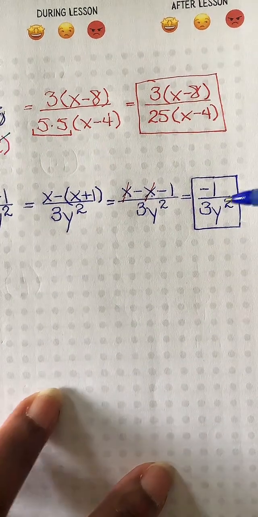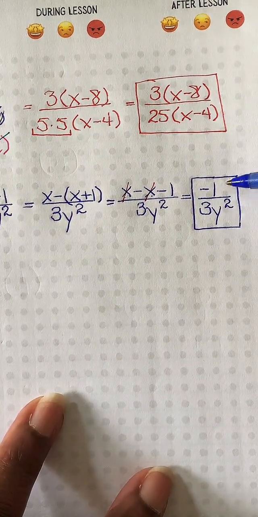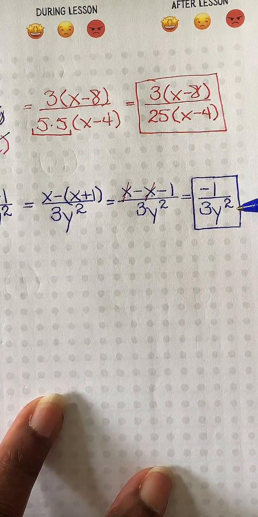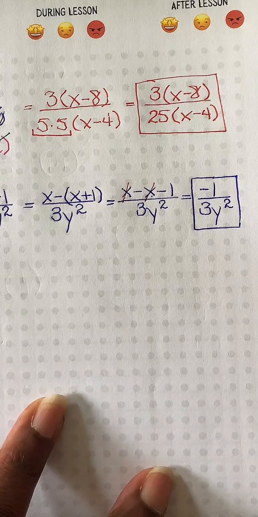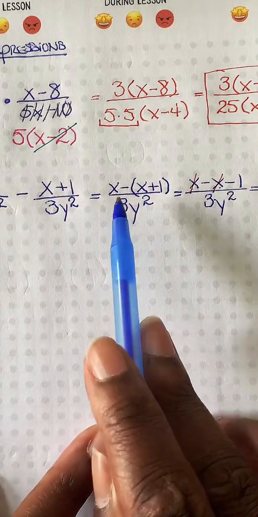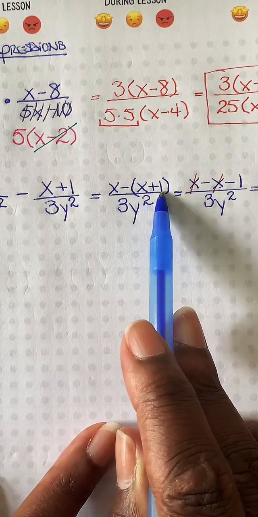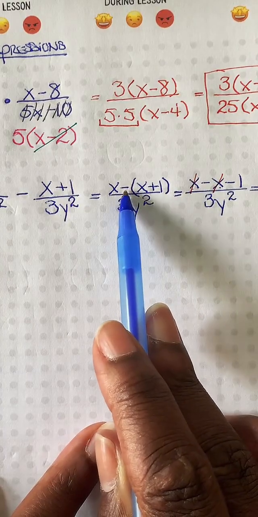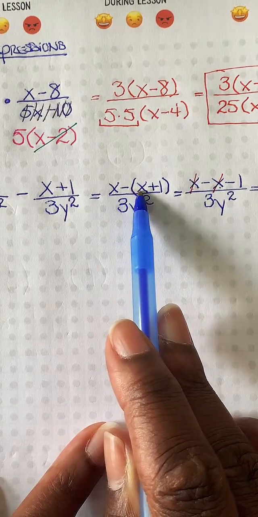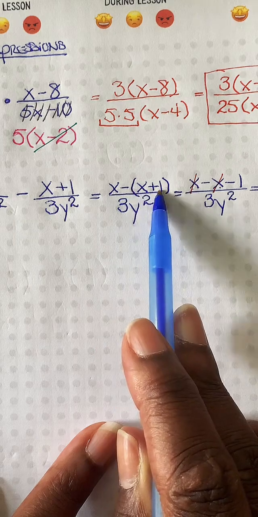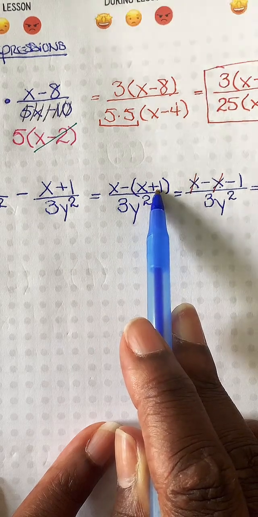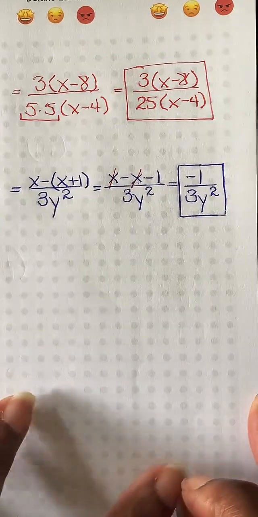Okay. Since they don't have anything else to reduce, that's your final answer. It's not going to be a positive one because when you subtract, you also subtract the 1. So when we change that to a negative x, we also have to change this to a -1. Okay? So we had to do the distributive property.